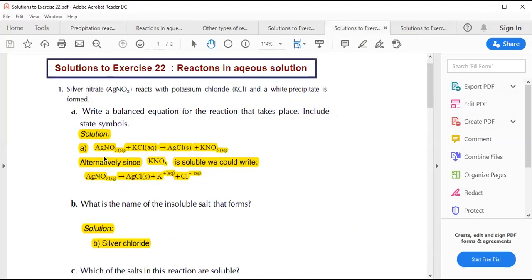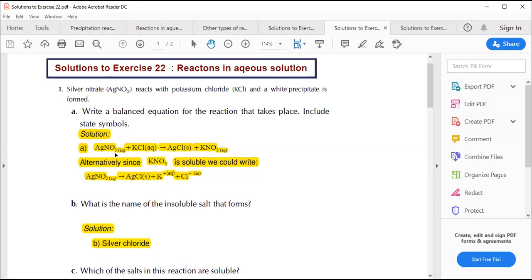So you're going to have silver nitrate aqueous plus potassium chloride, KCl, aqueous, to give you... these two are going to swap ions. So the Ag is going to take the Cl, then you form AgCl.